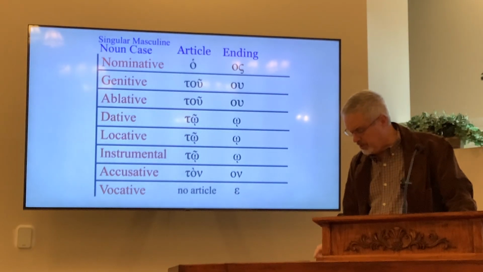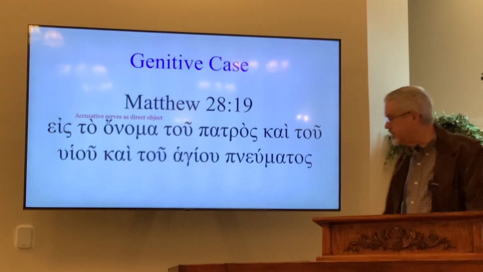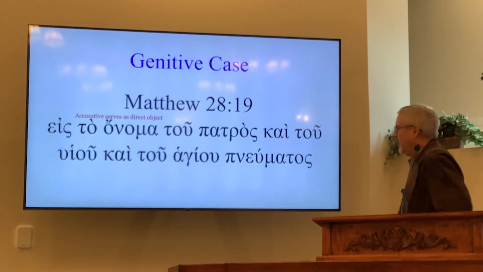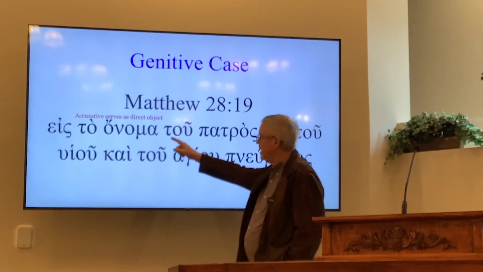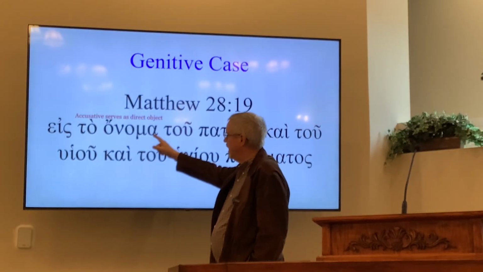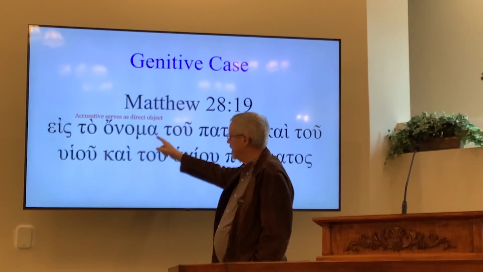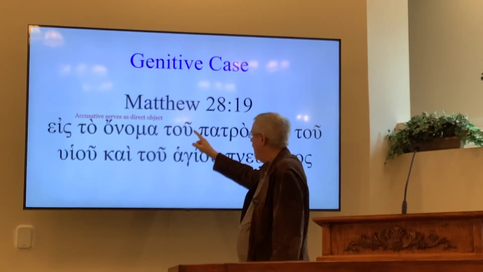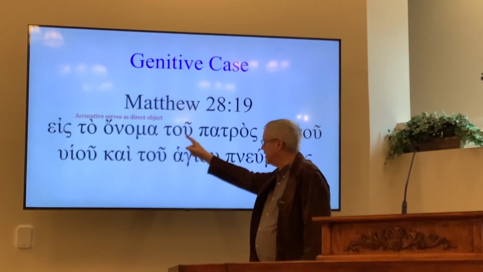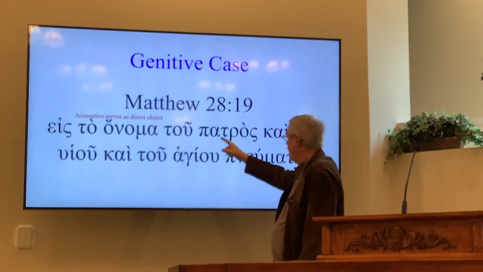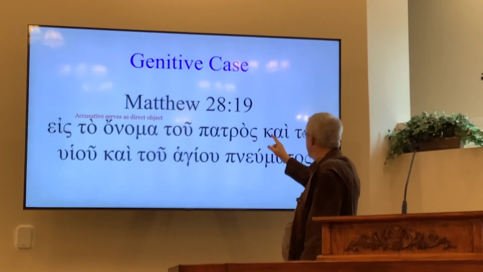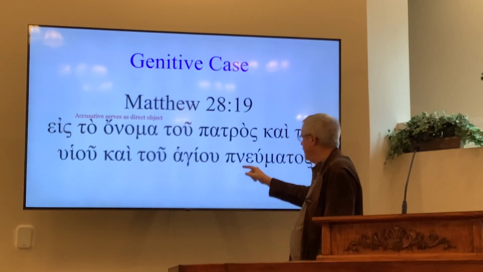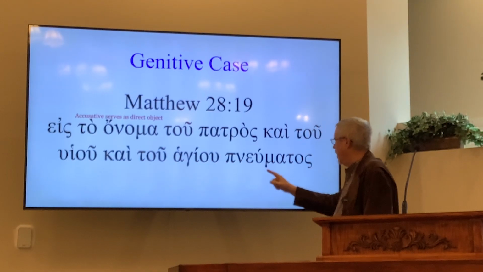Now I want to show you a rather important verse that is showing the genitive case. This is onoma, it is actually accusative. It serves as the direct object. In the name of, this is your genitive, tou patros, kai tou huiou, kai tou hagiou pneumatos.